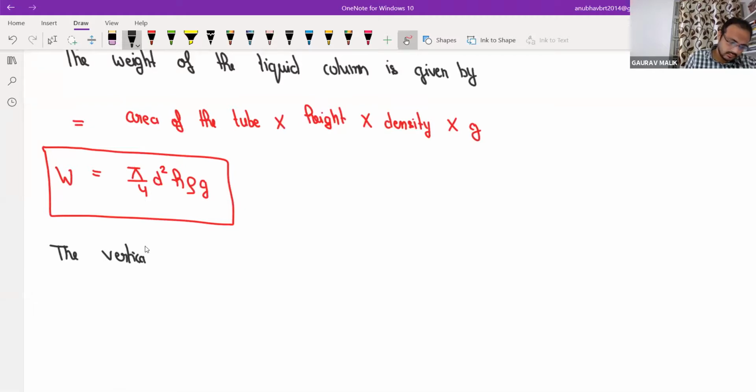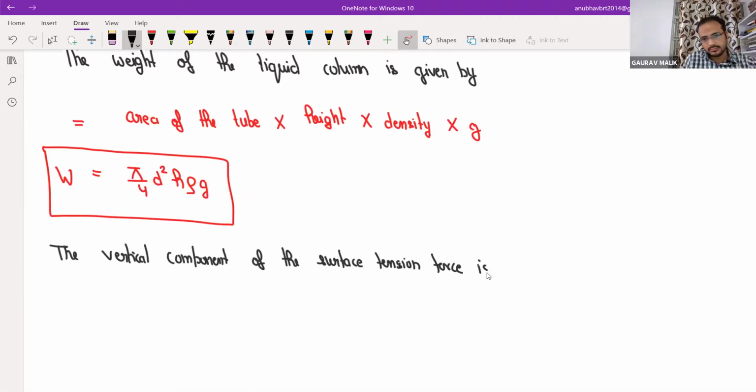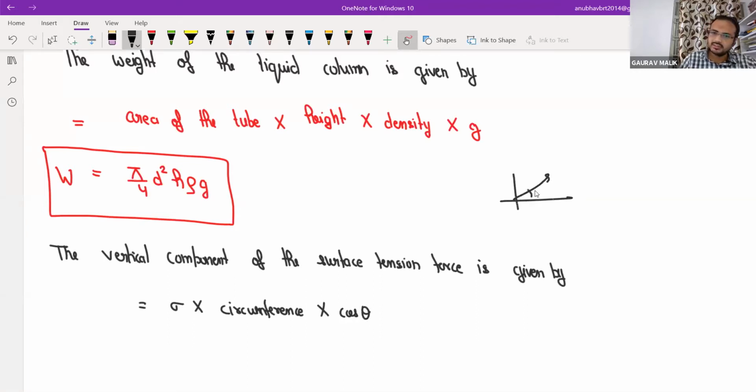The vertical component of the surface tension force is given by sigma into circumference into its vertical component cos theta, because if you have theta and the force is f, this component is f cos theta and this component is f sin theta.